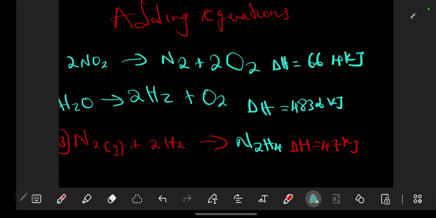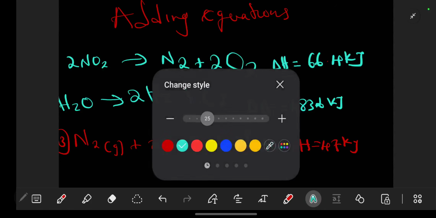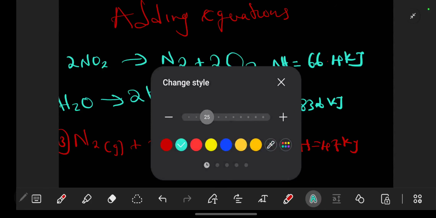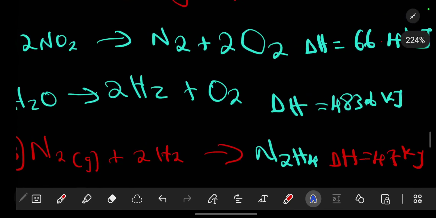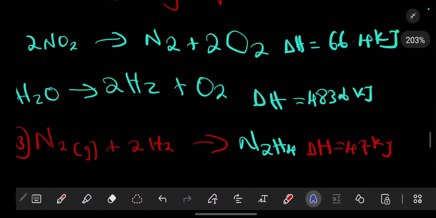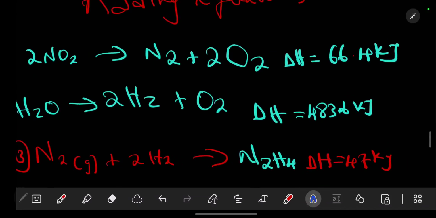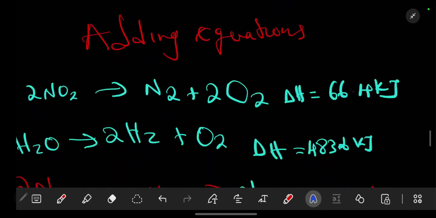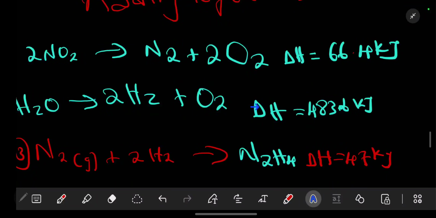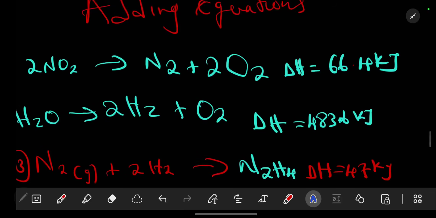So what is common? Let me be using the same color for what is common. Let's use blue. Okay, so where do we have things that are common? Water, not common.